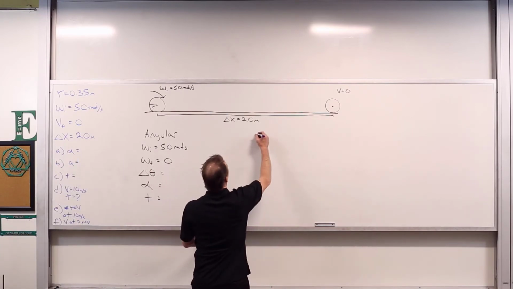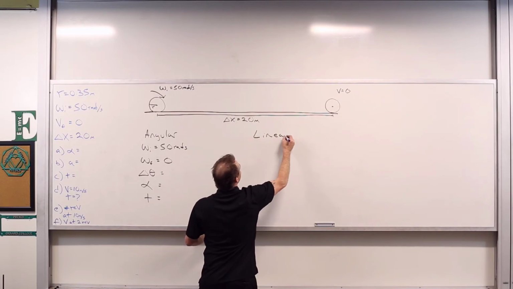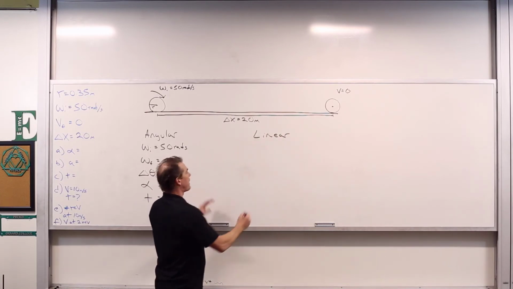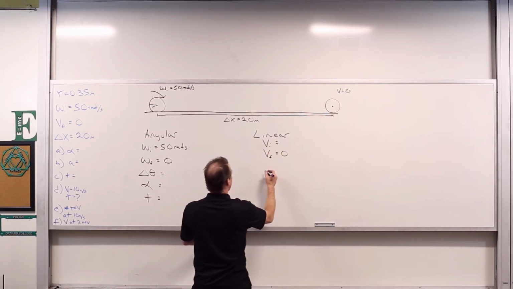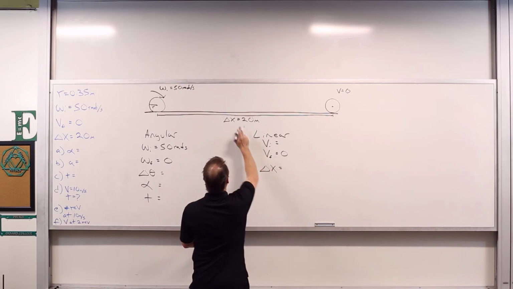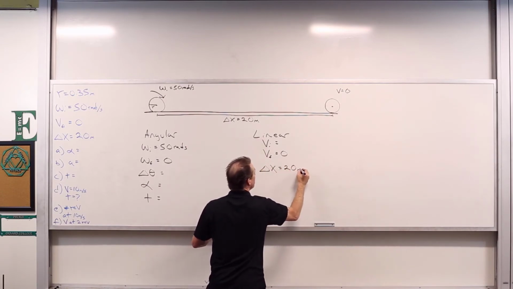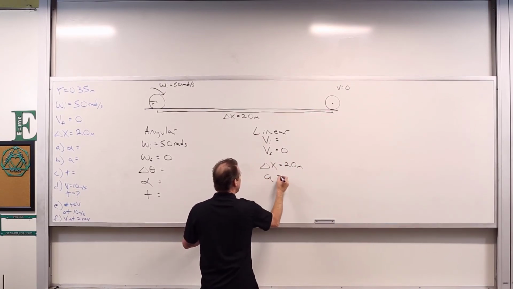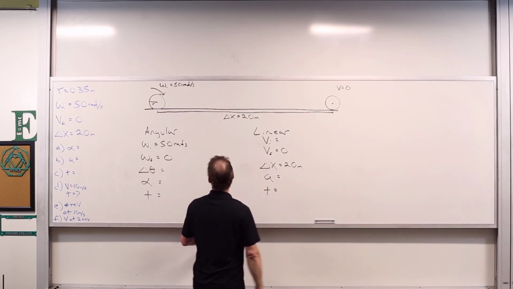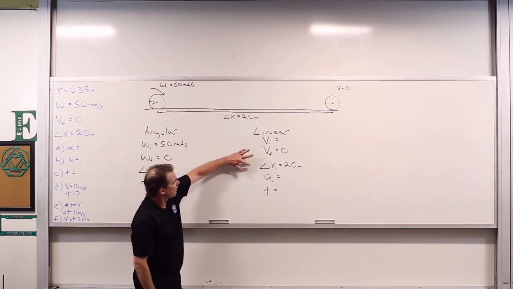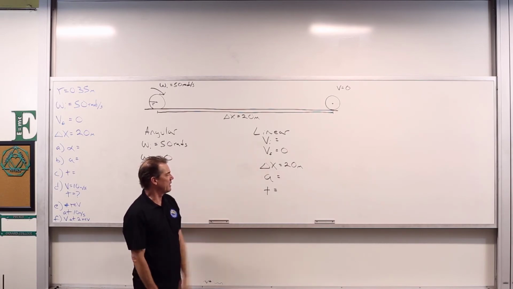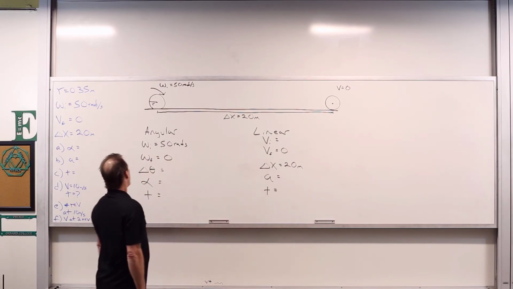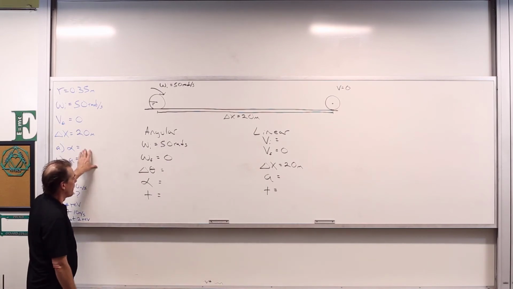So we've got over here some linear quantities, and we've got some v initial, we've got some v final, which we know is 0. We've got some delta x, which we're told is 20 meters here, and we've got some a and some t. Well, over here, we only know 2 of the 5 things, so by themselves, that doesn't do us anything. We want to know first, what is the angular acceleration?